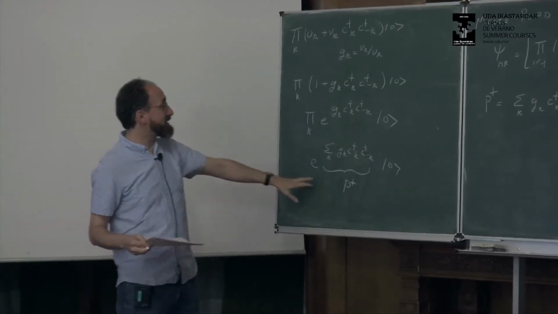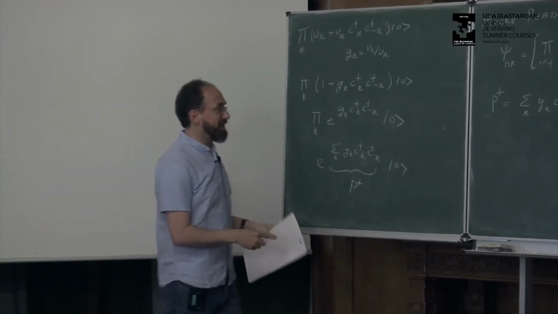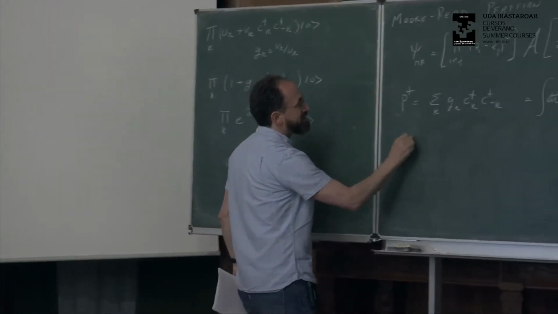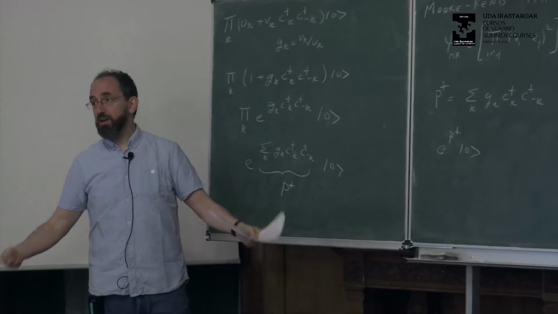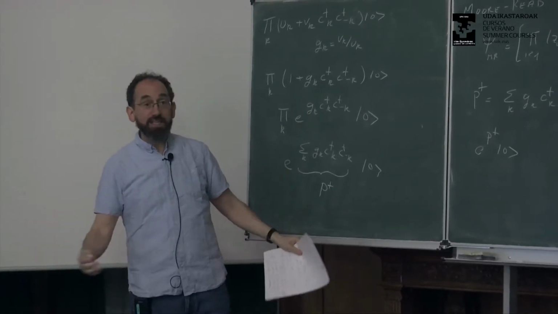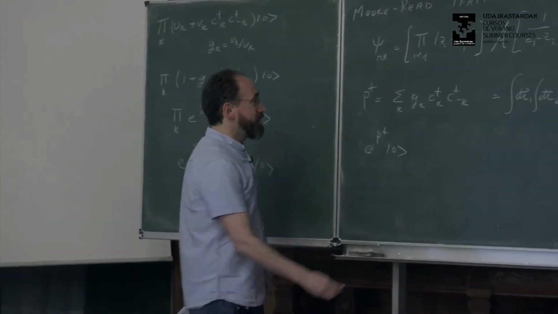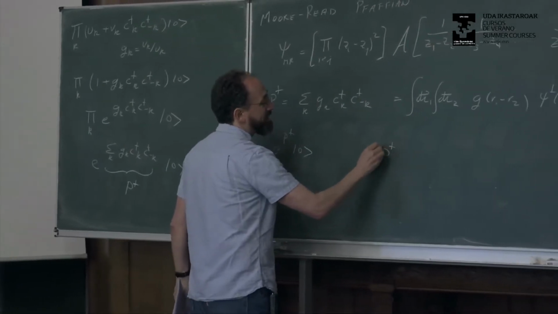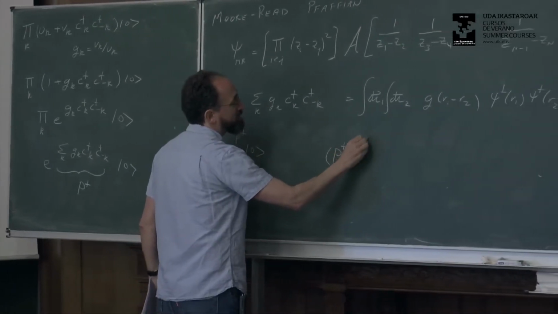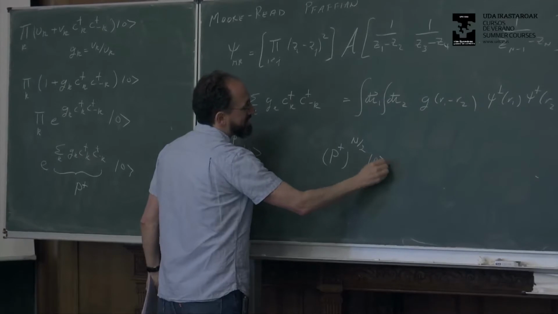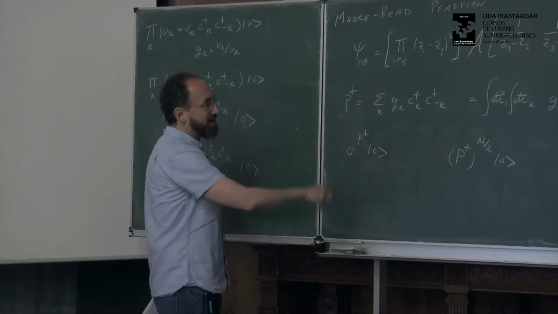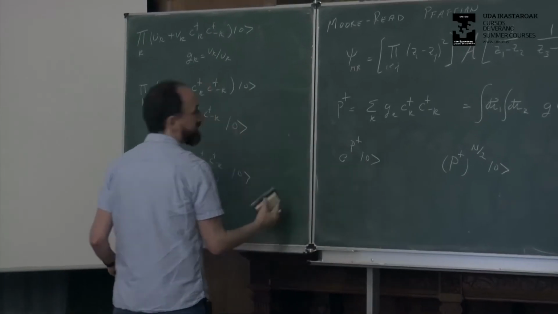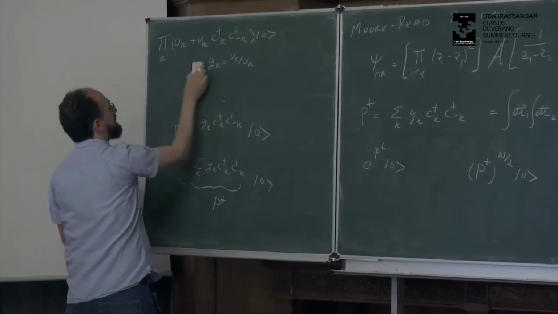So now our wave function is e to the p dagger on 0, and that has an indefinite number of pairs. If we want to have a fixed number of electrons, we can just write instead p dagger to the n over 2 pairs on 0. OK? So let's write out p dagger to the n over 2 on 0.